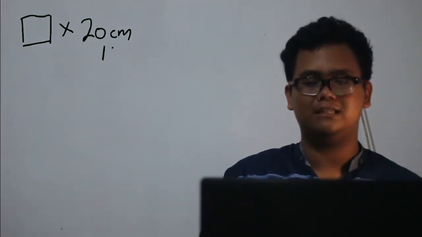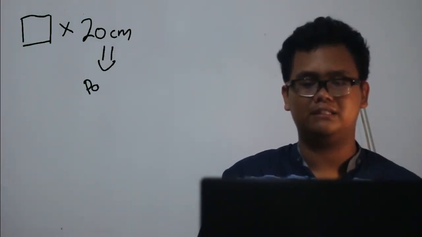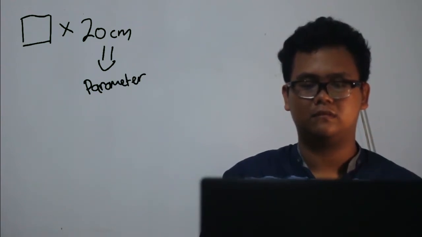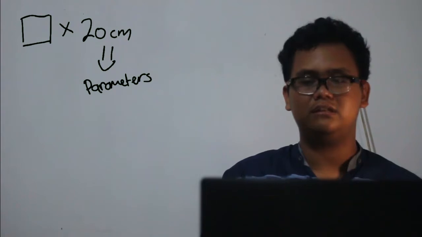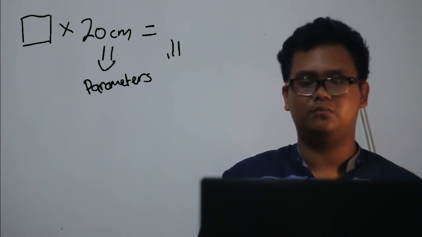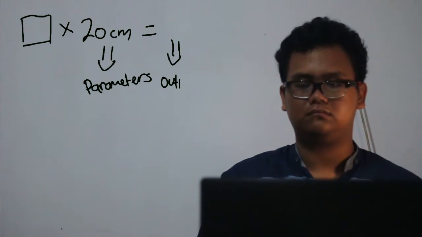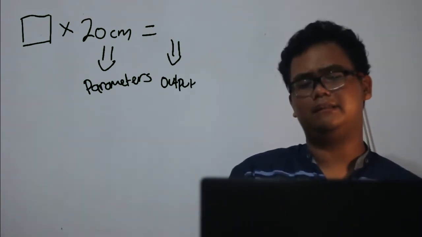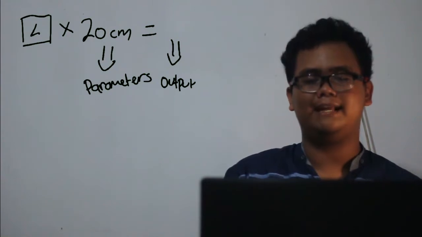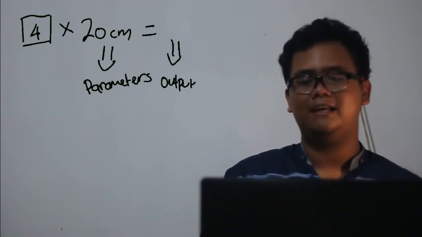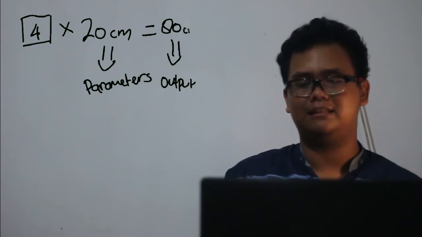We got the age, which is an input, multiplied by 20 centimeters, which is the parameter, then the result of this we call the output. Like we can say that the tree is 4 years old, so 4 multiplied by 20 is 80 centimeters.